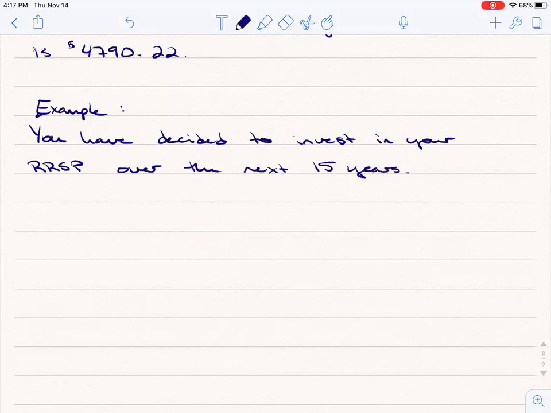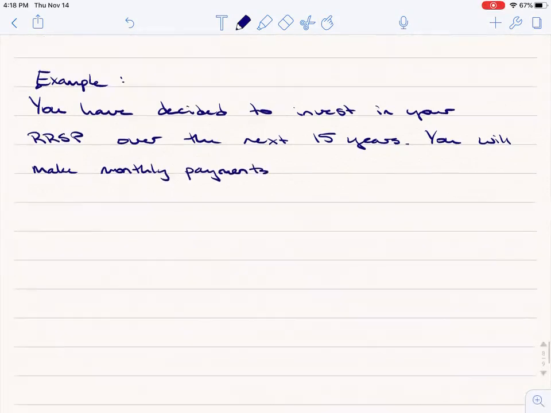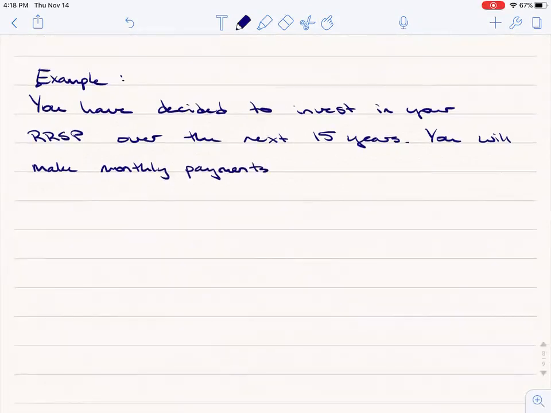So you're making contributions for 15 years. In fact, you will make monthly payments starting at the end of this month.